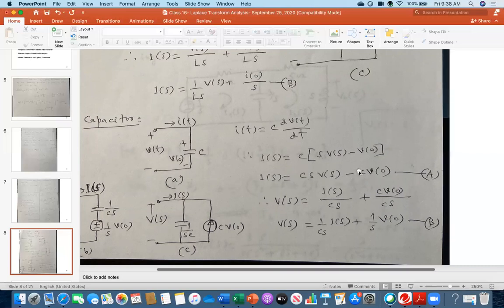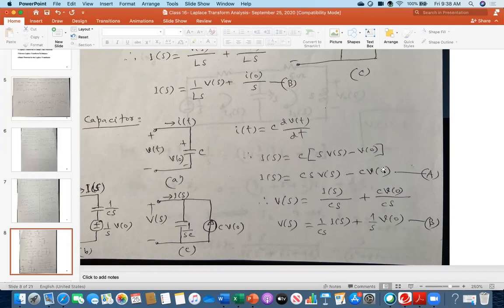Accordingly, I have constructed this circuit. This is my applied voltage, and the current is going. There will be one current here, but the voltage across it is Vs. So this will be 1 over sC, because the current here is Vs over 1 over sC, so sC will be in the numerator: sCVs.